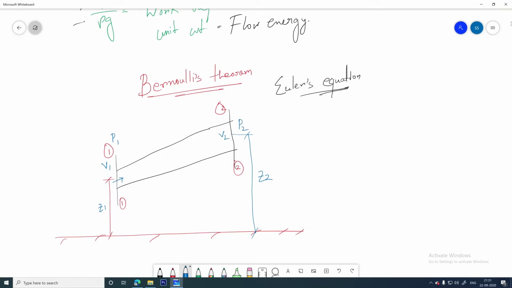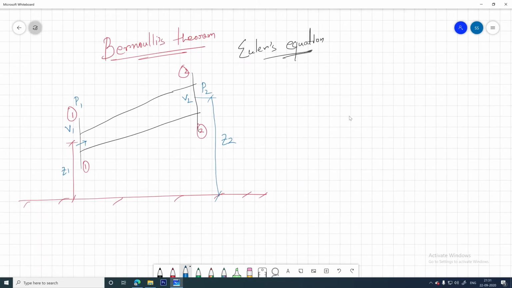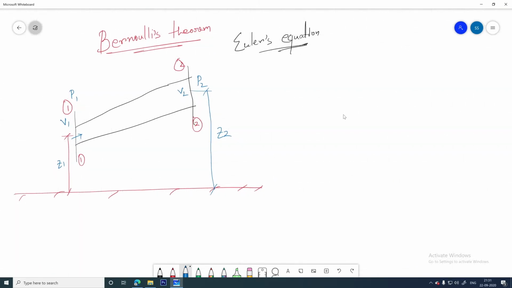So as per Bernoulli's theorem, we can write that p1 by rho g plus v1 square by 2g plus z1 equals p2 by rho g plus v2 square by 2g plus z2.